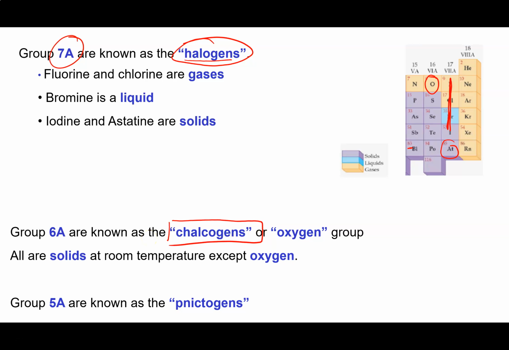That's worth knowing so that you understand what people are talking about when they mention that term. All of the elements in group 6A are solids with the exception of oxygen, which is a gas. Then group 5A, which is the nitrogen group, these guys are called the pnictogens. And again, all of them are solids with the exception of nitrogen, which is the first member of that group.